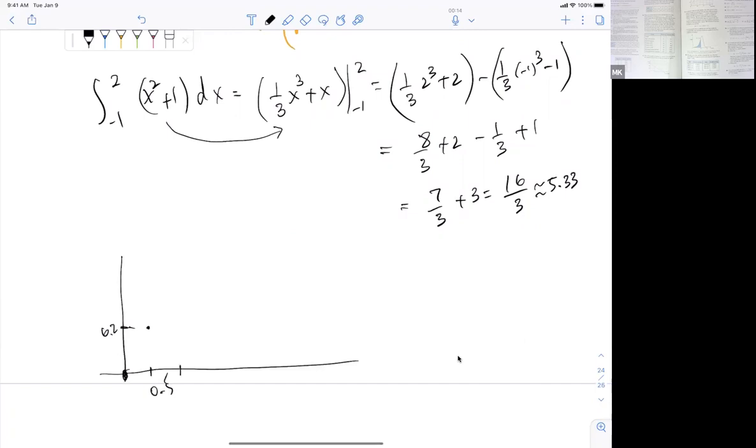At 1 second it's 10.8. At 1.5 seconds it's 14.9. At 2 seconds it's 18.1. It's not linear, obviously. At 2.5 it's 19.4. And at 3 seconds it's 20.2.